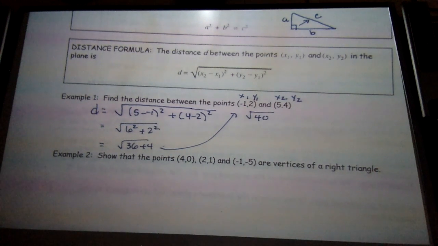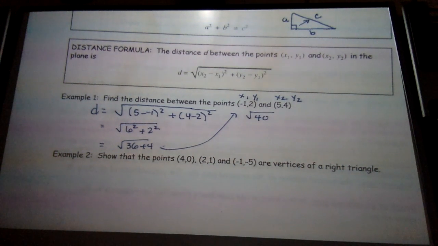Then we're going to simplify our square roots. What are the perfect square numbers? 4, 9, 16, 25, 36. Usually you're looking at the 4 or the 9, maybe the 16. Which one of those will divide evenly into 40? Does 4 divide evenly into 40?